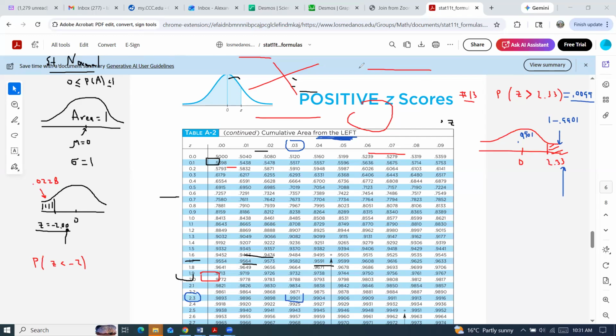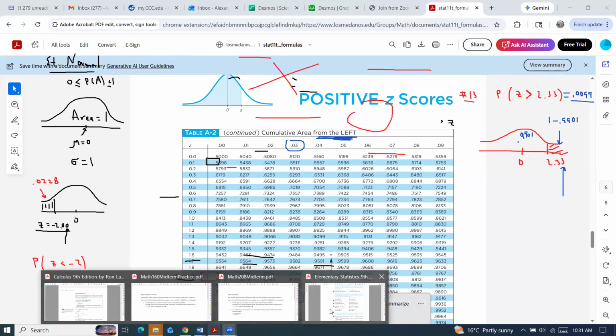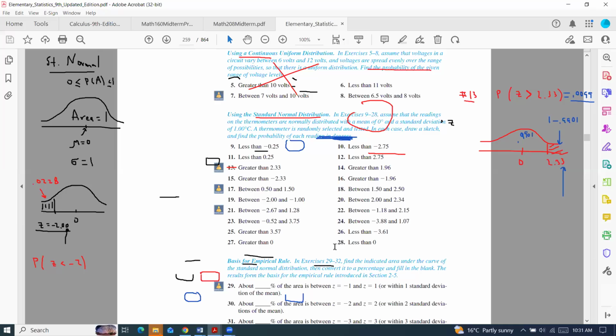Yes, it is, but we found it. They asked us to find it, and we did it. So if you need area on the other side, when it is greater than particular value, well, then you subtract from 1. That's the specific of dealing with those tables.